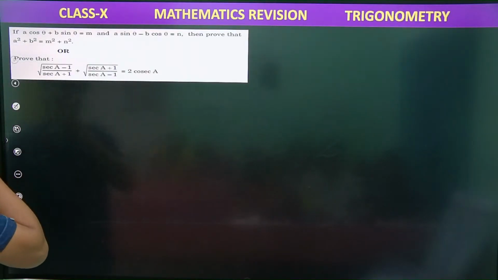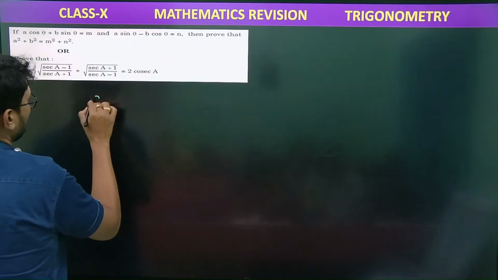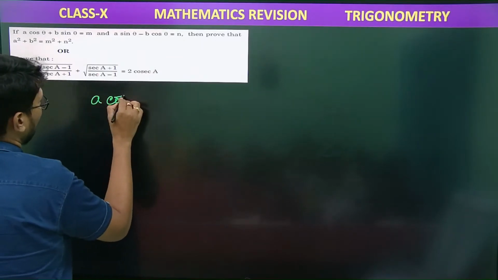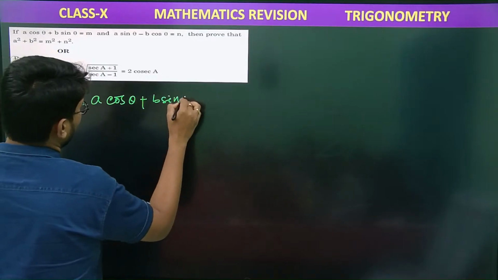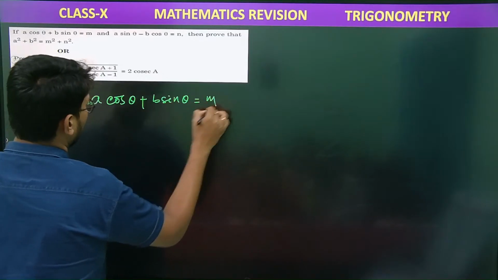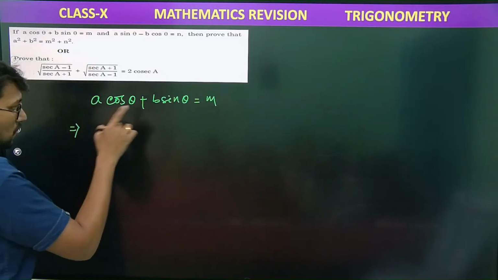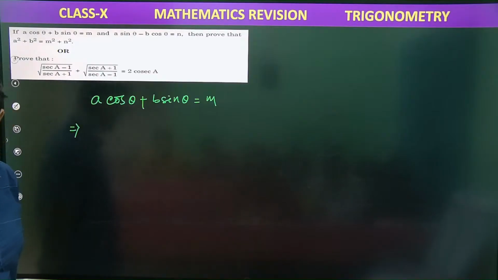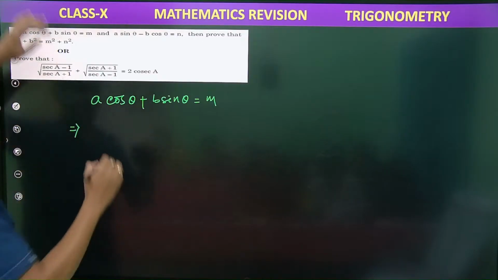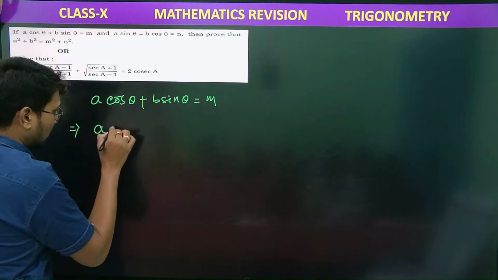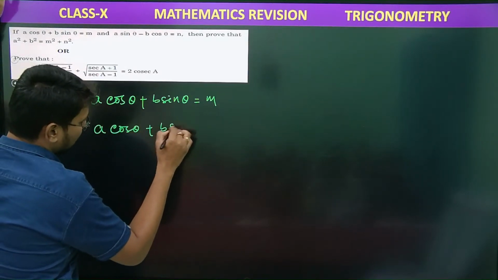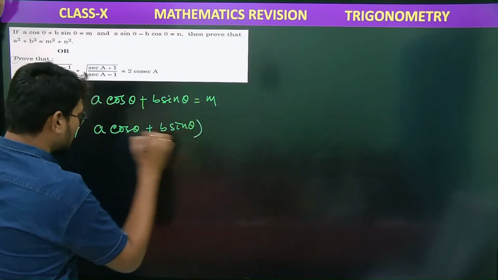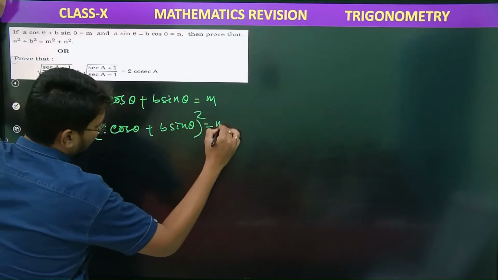Okay, let us solve this question. A cos theta plus B sin theta equals M. Square both sides. Are you getting it? So while squaring both sides, what will it become? Tell me the answer. A cos theta plus B sin theta whole square equals M square.